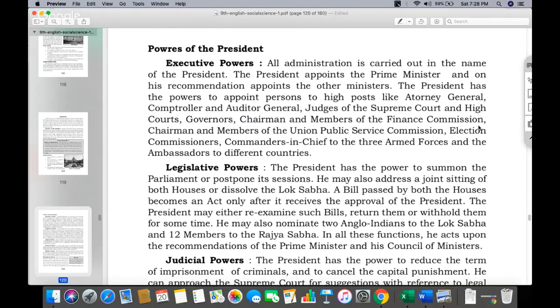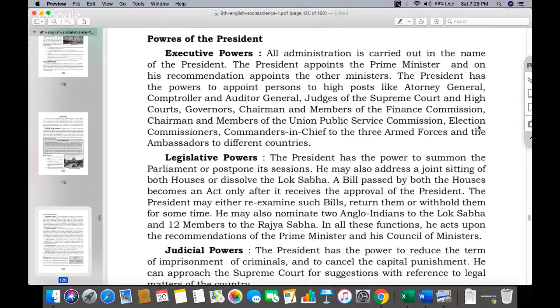Now, what are the powers of the president? Executive power. I told you the president is the highest, tallest member of the executive. Then comes the prime minister. The president appoints the prime minister, and on his recommendation appoints other ministers.